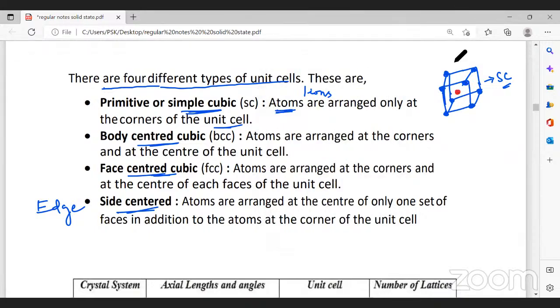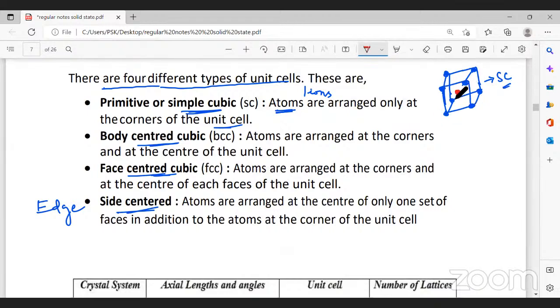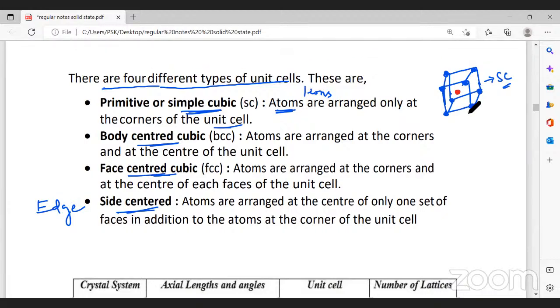The red particle is present at the center of the cube. Now you tell me, in case of simple cube, how many lattice points do we have? If you're following me, you should be in a position to answer.